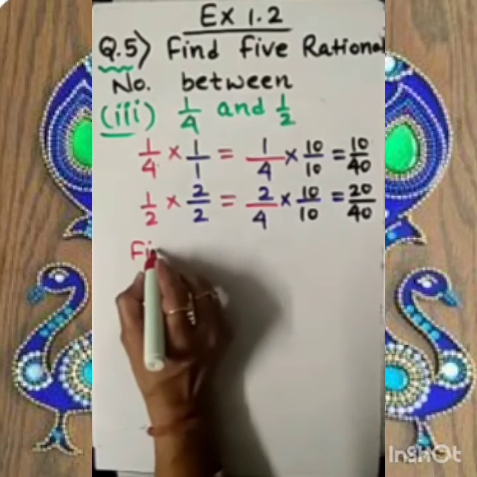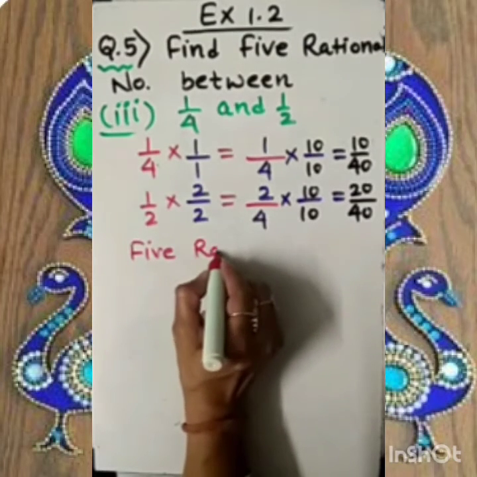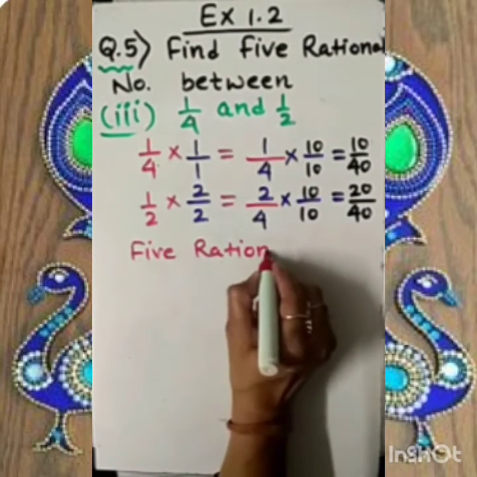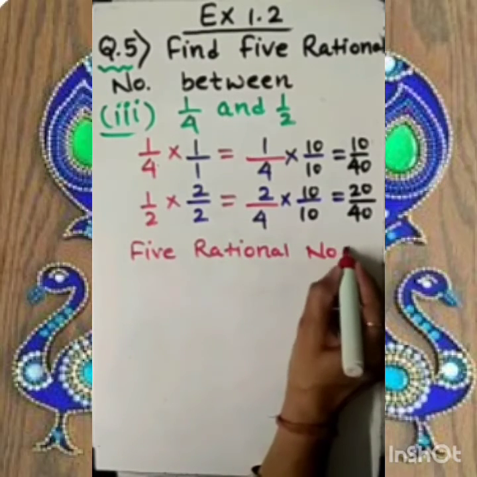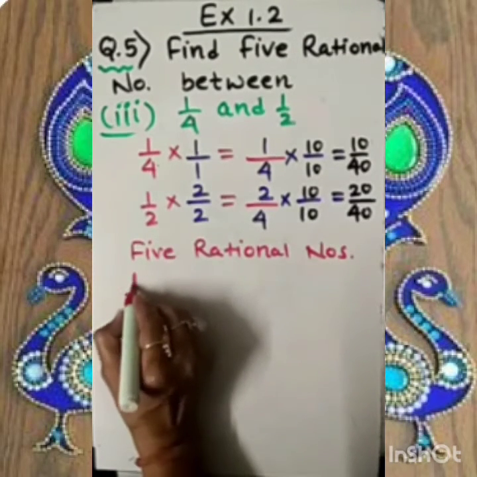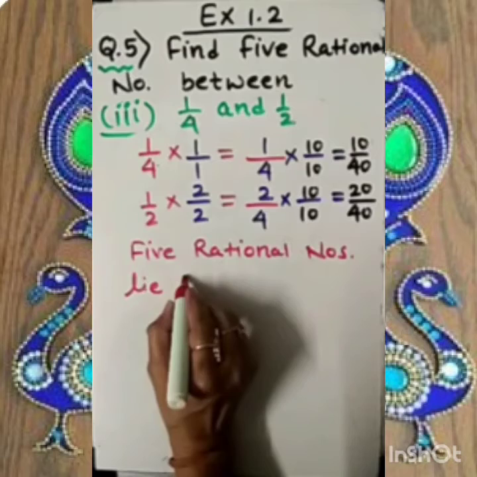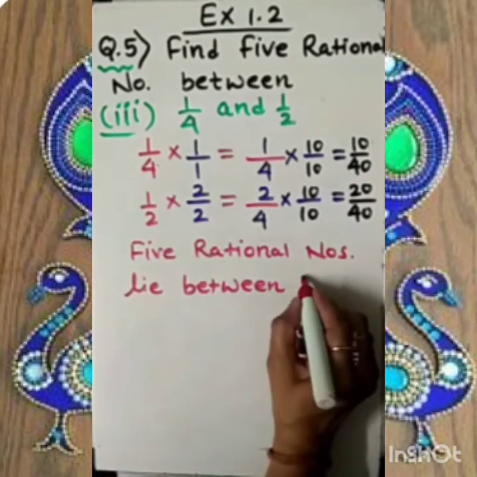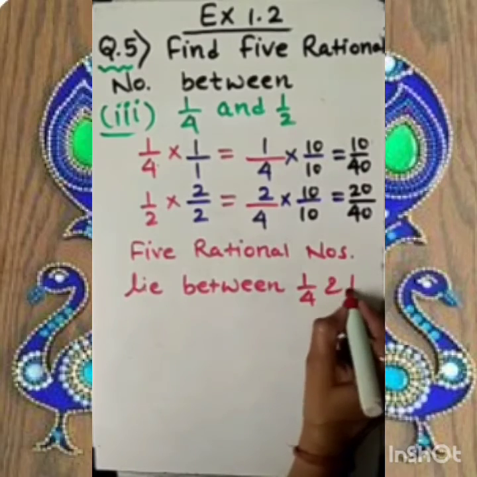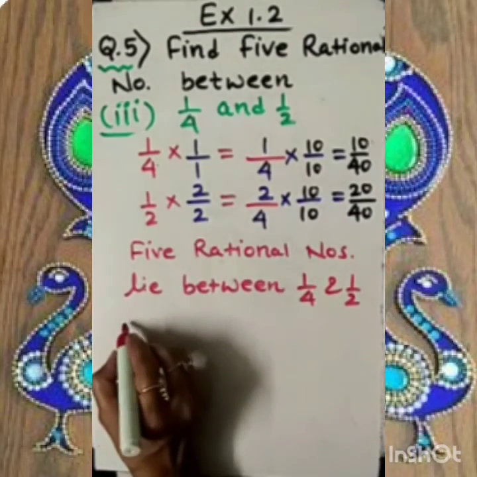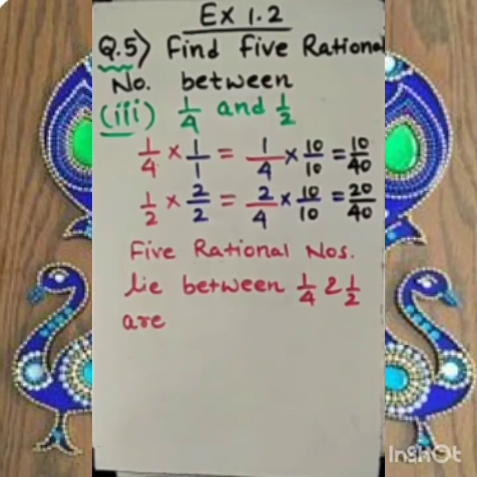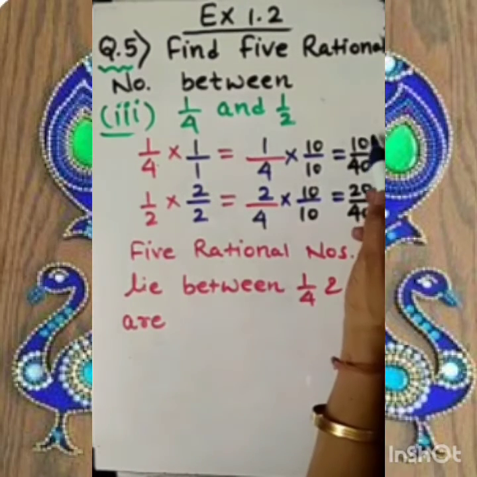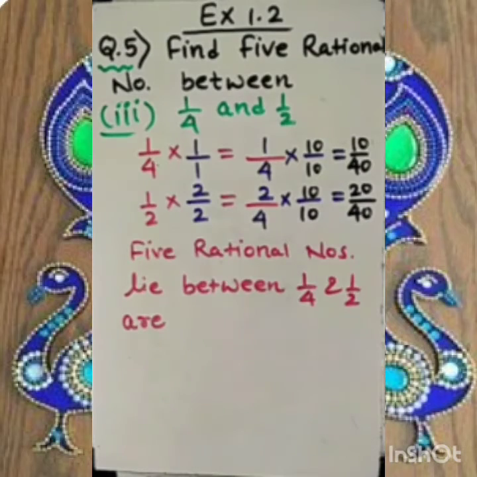So let's start. 5 rational numbers which lie between which two numbers? Between 1 by 4 and 1 by 2. Let's list out. They are. Don't include these two numbers, please. They are the boundary.